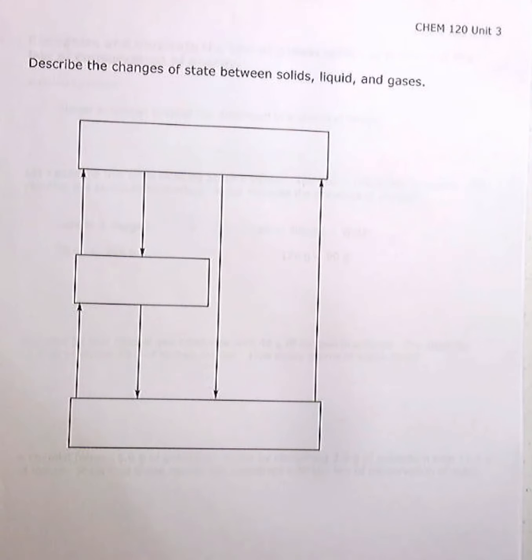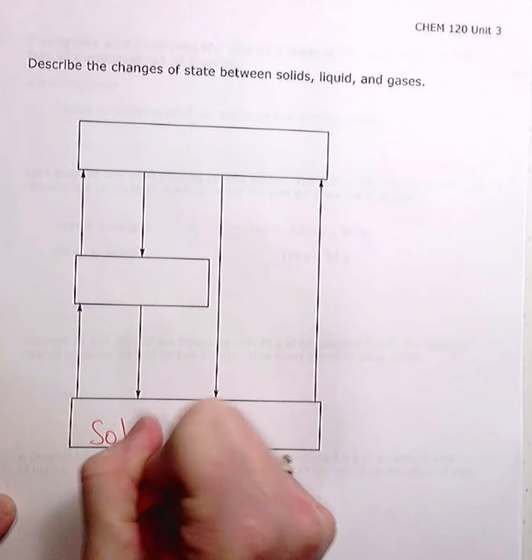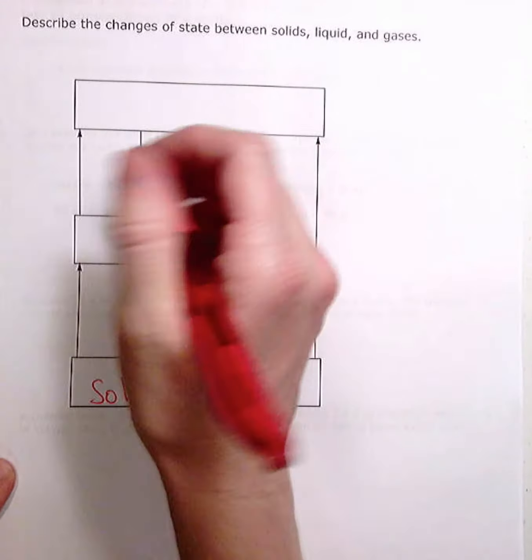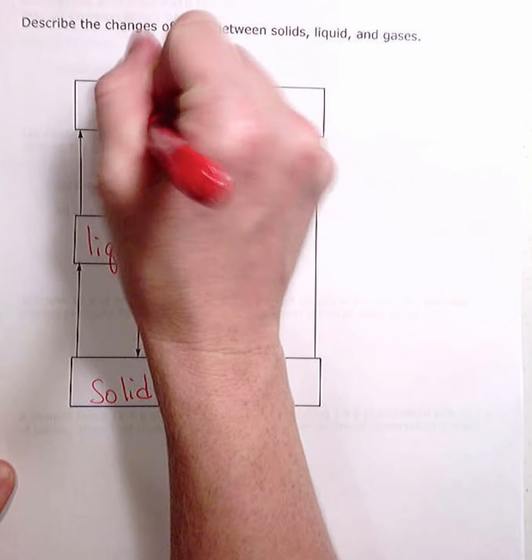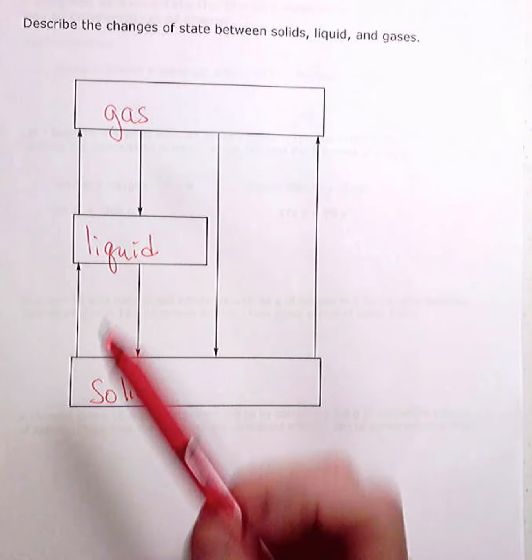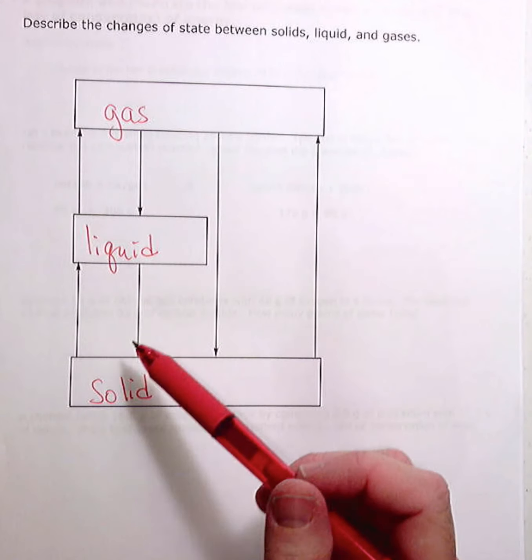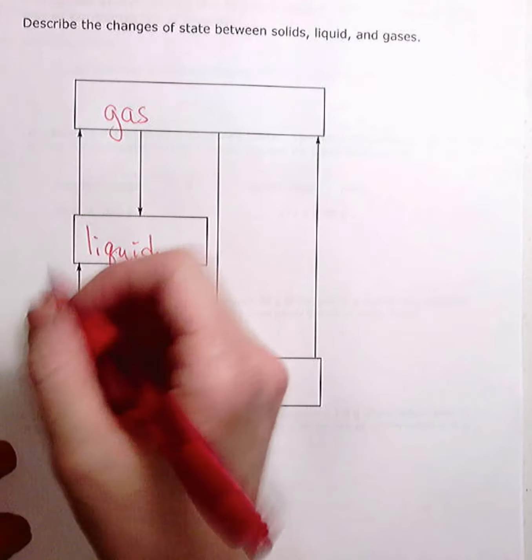It's possible to change from one state to another by adding or removing energy. So melting is the change from solid to liquid, and freezing is the change from liquid to solid. You have a solid at the bottom, liquid in between, and a gas up top. So the change from solid to liquid is called melting.